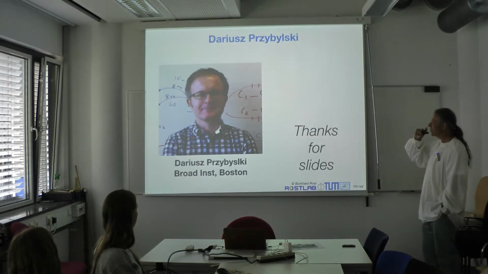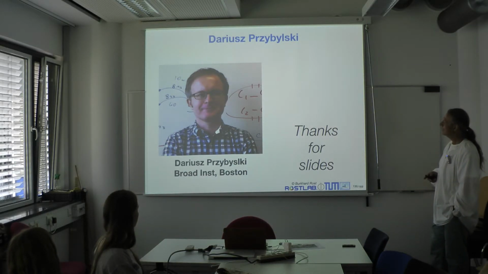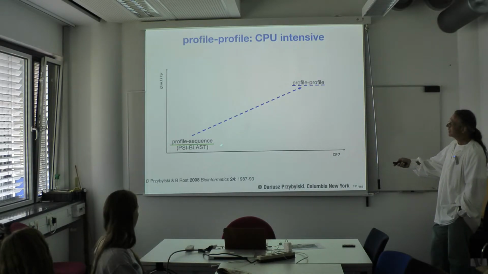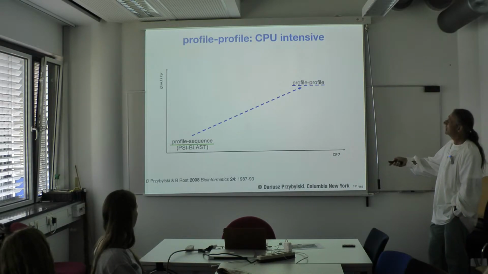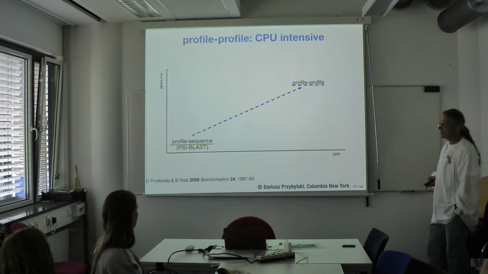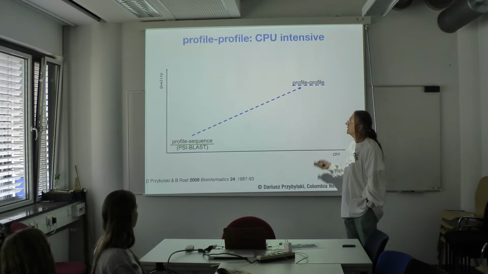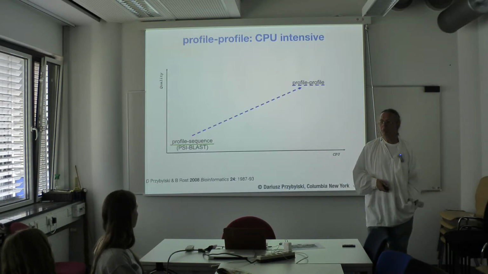For instance, Dariusz Przybylski, who is now abroad, did that. So for him, the way he thought about it, sequence to profile, you increase the quality, but unfortunately, that's the fortunate part, that's what you want to go for, but the unfortunate part is you also increase the CPU. So can we not sort of change this here by getting a poor man's version?